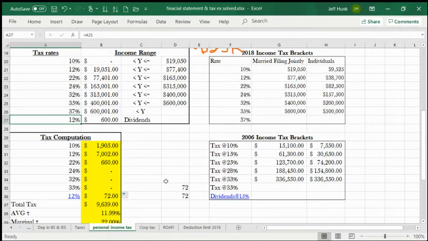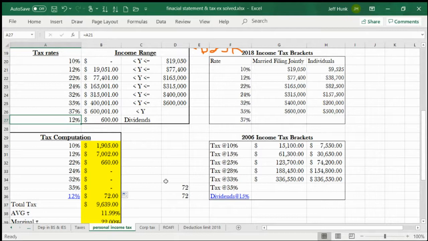So that's why Warren Buffett once famously said that his secretary is paying more taxes than he does. And what does that mean? That doesn't mean his secretary is making more money. Of course, his secretary would be making six-digit figures, like $100,000. But even if the secretary is making $100,000, it's earned income.